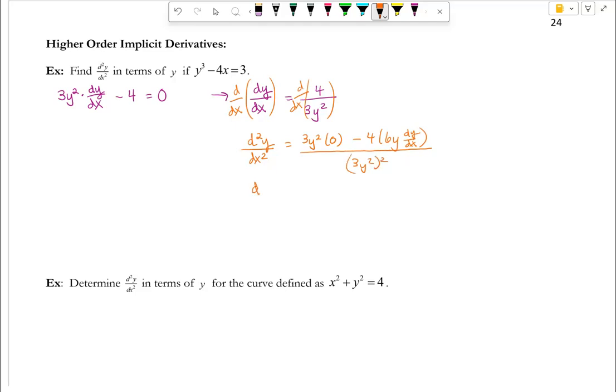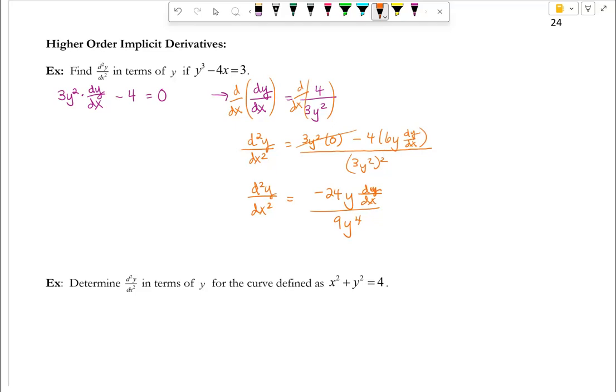All right, so we get our second derivative. Well, we said this term becomes 0. So when I multiply this out, I have negative 4 times 6, so negative 24y times dy/dx over 3y squared to the second power, which is going to be 9y to the fourth power.